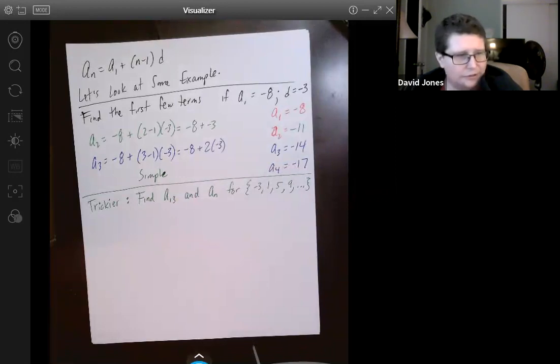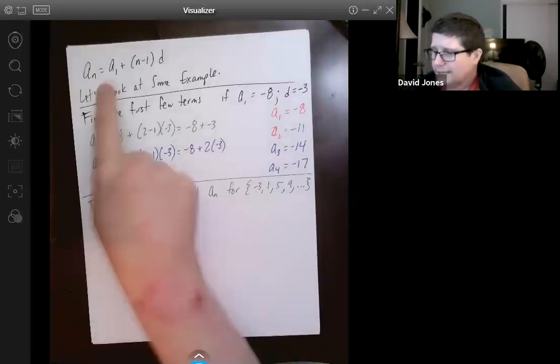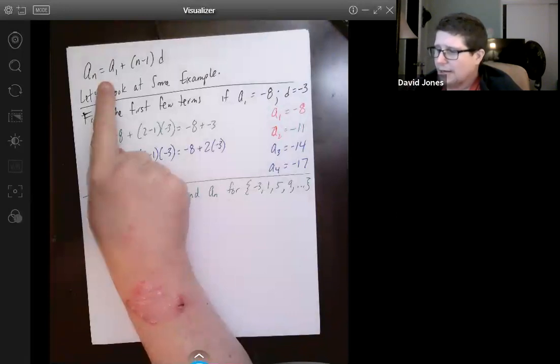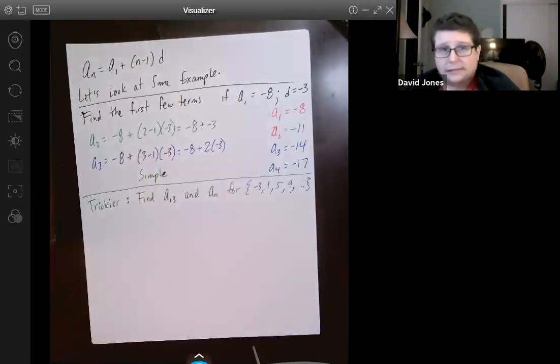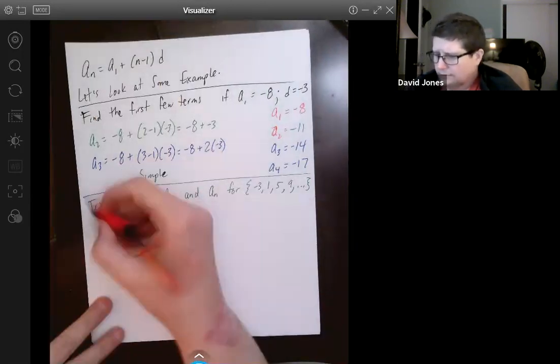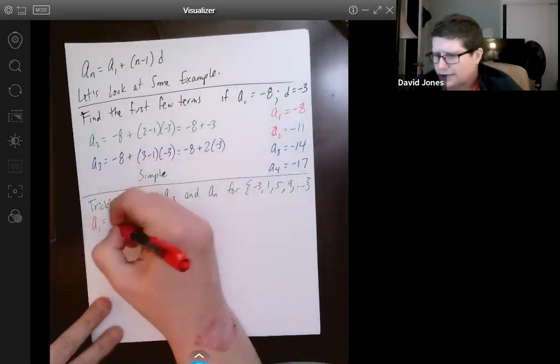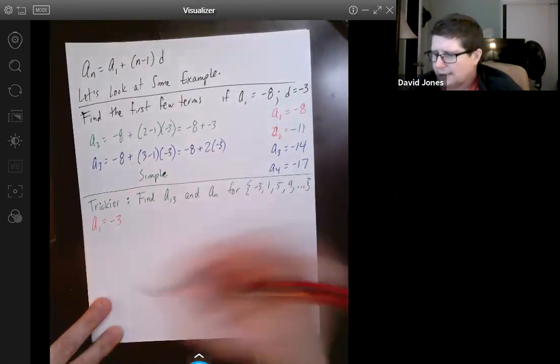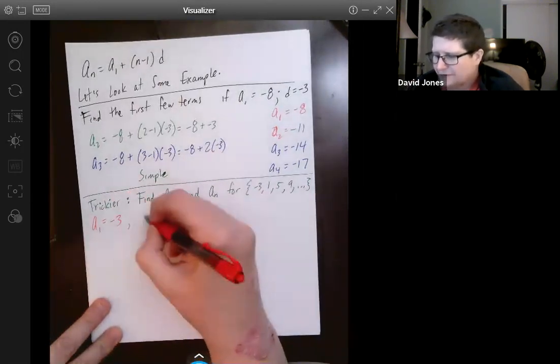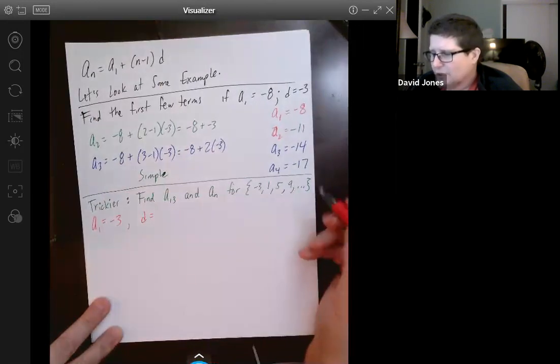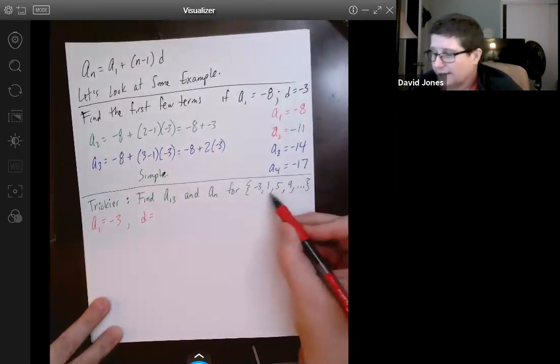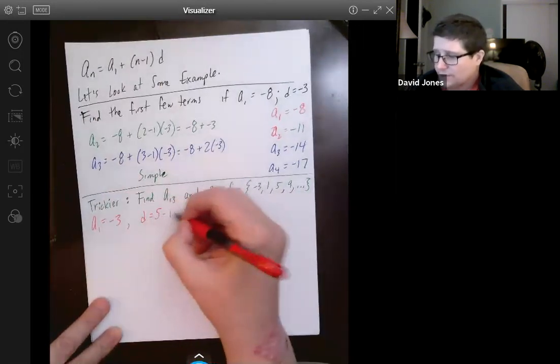This might be easier to figure out a sub n first, right? But for a sub n, we need a sub 1 and we need d. So those are easy though. What's a sub 1? A sub 1 here is just the first number. D is the difference between any two consecutive numbers. I'm going to choose some easy ones, 1 and 5. 5 minus 1 is 4.